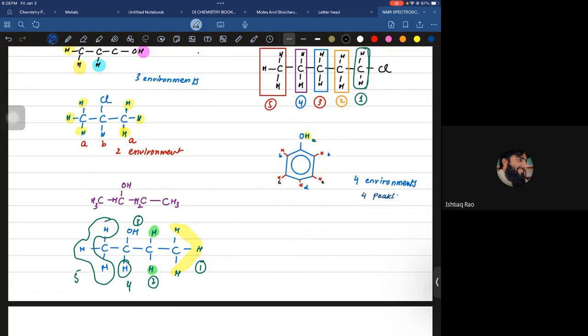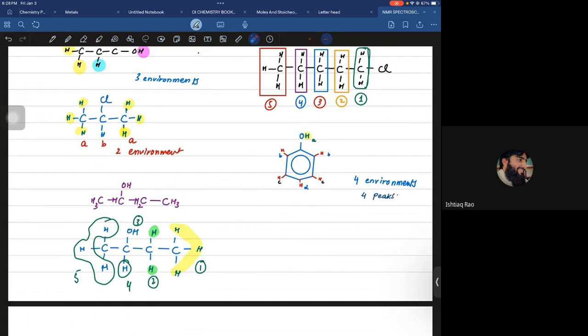ओके, and then if you can see this, तो ये वाले जो हाइड्रोजन्स हैं, again you can see the symmetry of the compound. So the six hydrogens are going to give you one peak. Okay, and no, it's not symmetry. क्यों? कि इसके नेबर के साथ जो कार्बन है उसके साथ OH लगा हुआ है, and इसके नेबर के साथ जो कार्बन है it's not having OH, it's only H. So there is no symmetry in this compound.